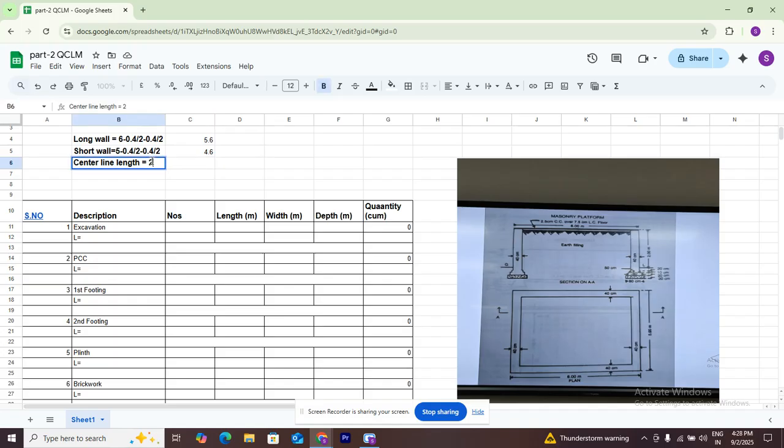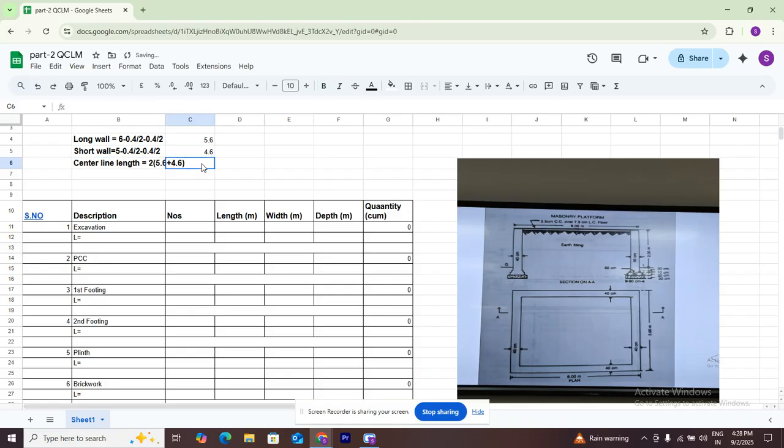Because of the two sides: two short walls and two long walls. So 2 into (5.6 plus 4.6) meters.